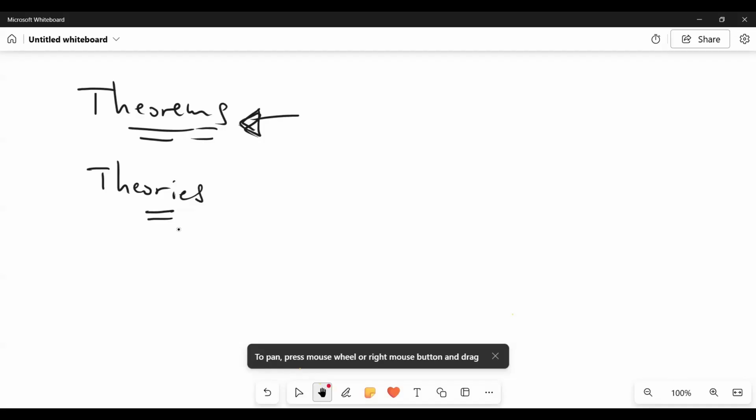Just to give an example, Newton talked about gravity. Before him, it was believed that all the planets were held together by something like glass spokes. They didn't know the material, but it looked like something was holding the planets together.